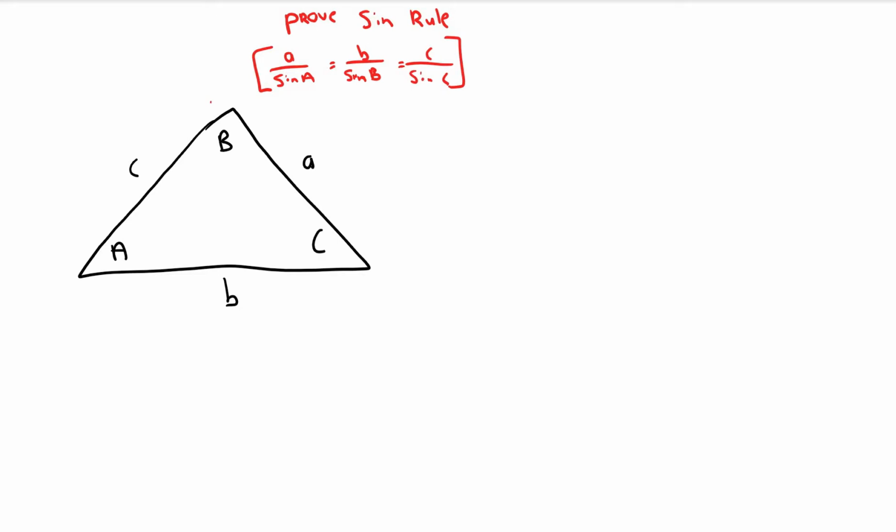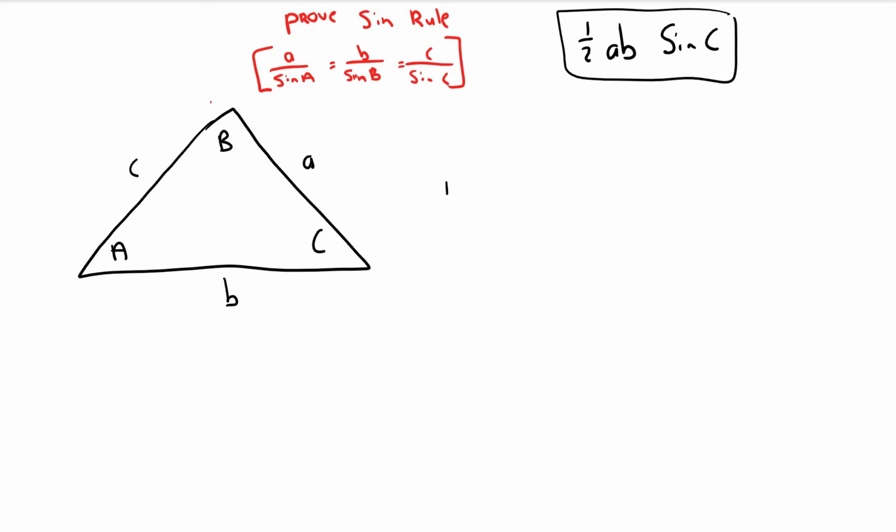And we're going to use the half ab sine C formula. If you remember, that is to get the area of a triangle.